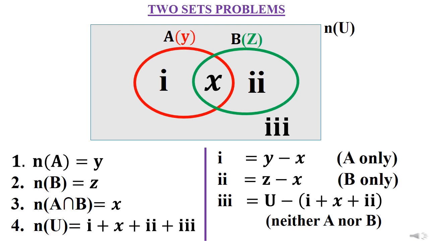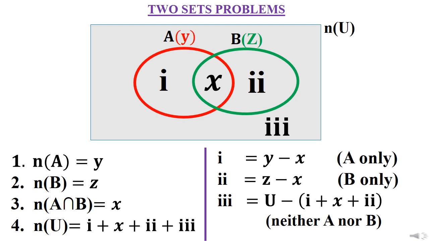Now III, which is neither A nor B. To get this portion, we add everything in the two circles for the two sets. Then we subtract the number of members that we get after doing the addition from the universal set.